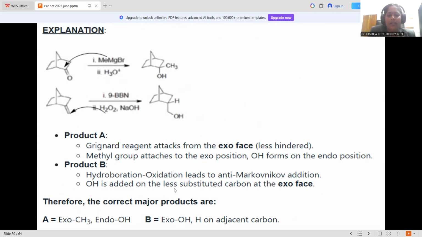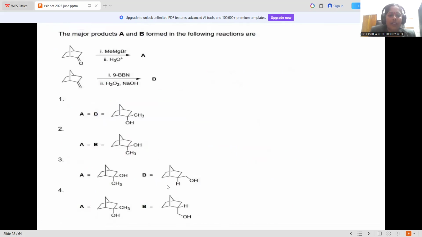So in order to avoid steric hindrance, this kind of attachment takes place, and the most stable compound is formed. This is the way these two products are provided in the option number 4. For question number 43, option 4 will be the right answer.